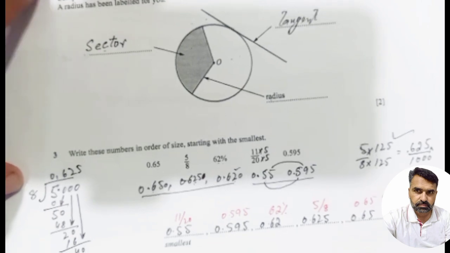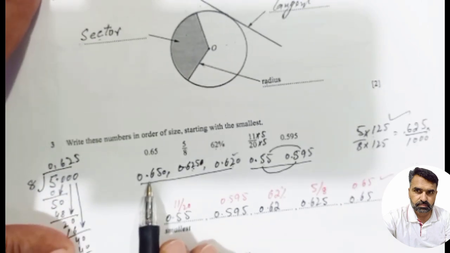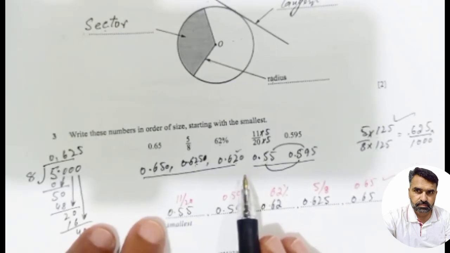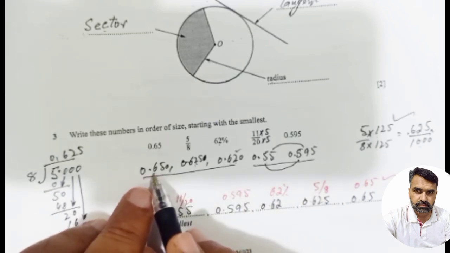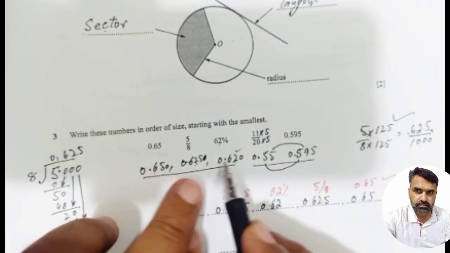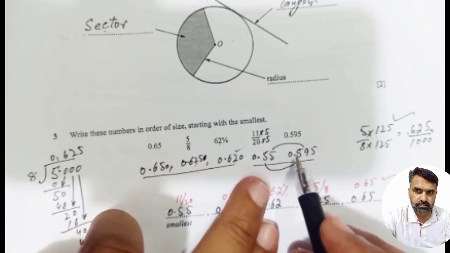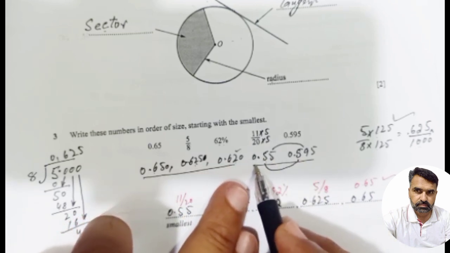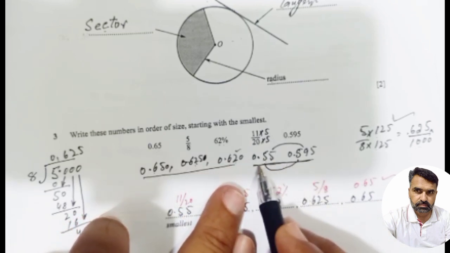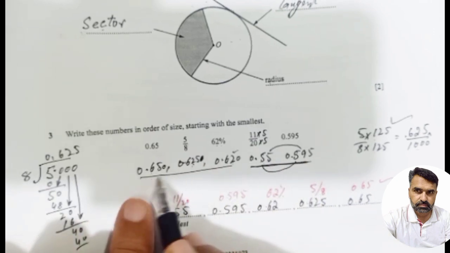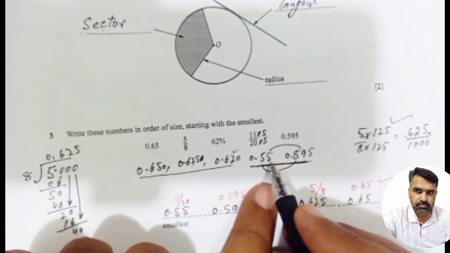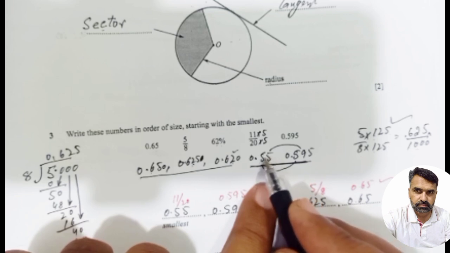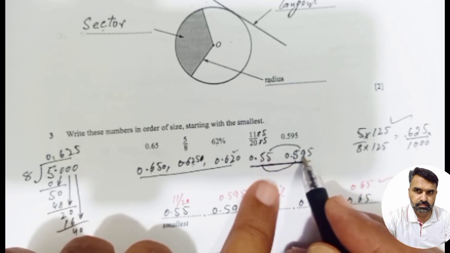Now students, look at these 5 numbers and we will find which is the smallest number. They are 0.6, 0.6, 0.6, 0.5 and 0.5. From these we will find the smaller ones, because 6 is greater than 5. Now we will look at the second digit after the decimal, that is 5 and it is 9.